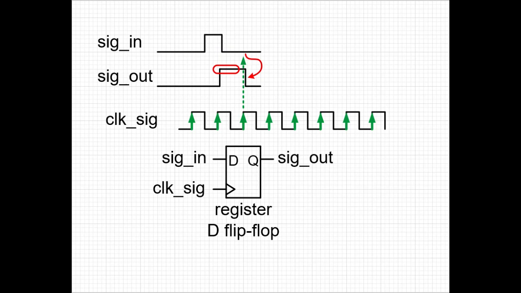Not until the next rising clock edge does the output follow the input. In fact, the input could go high and back low, and if it is not caught by a clock edge, the output never goes high again. The input change isn't seen by the register flip-flop.